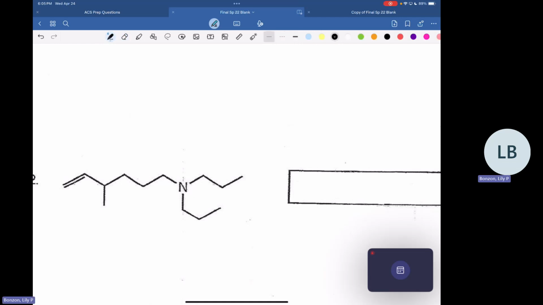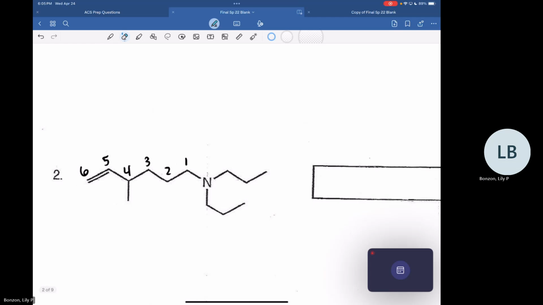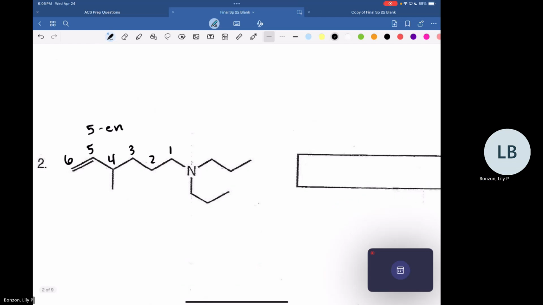And so since this is going to be the parent, we're going to start numbering from there. So we've got 1, 2, 3, 4, and then we could either get 5 or we could get 6 total. So we're going to go with the one that gives us the longer chain. And then that alkene starts at 5. So we'll just have 5-ene as a reminder for that.